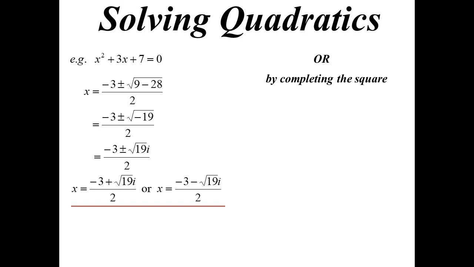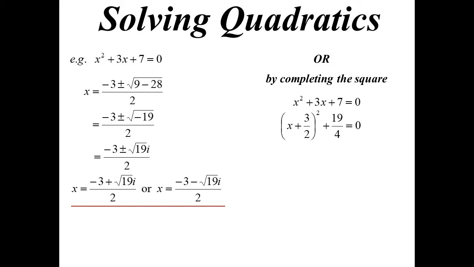The other way we could now do it is completing the square, because what it means is every quadratic equation can now be written as the difference of two squares. x squared plus 3x plus 7 equals 0. Well, if I complete the square, I get plus 19 on 4. Now that was a problem in the past because we didn't have a formula for the sum of two squares.